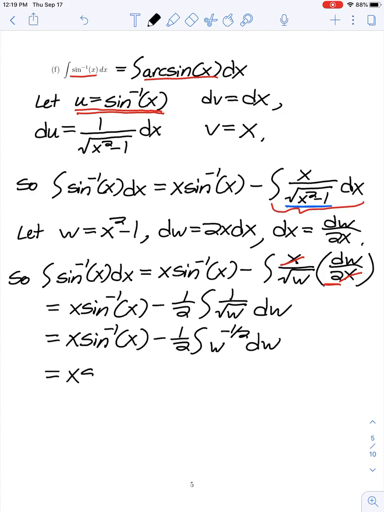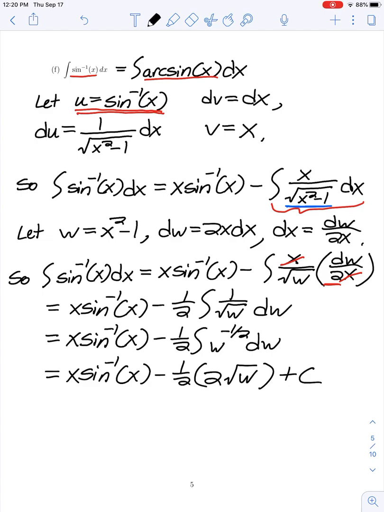So applying my power rule, I have x arcsine of x minus 1/2 of the antiderivative of w to the negative 1/2, which would be w to the 1/2, or root w, divided by 1/2, which is equivalent to multiplication by 2. And now I've evaluated all of my integrals, so at this stage I'm going to include my constant of integration, plus c.